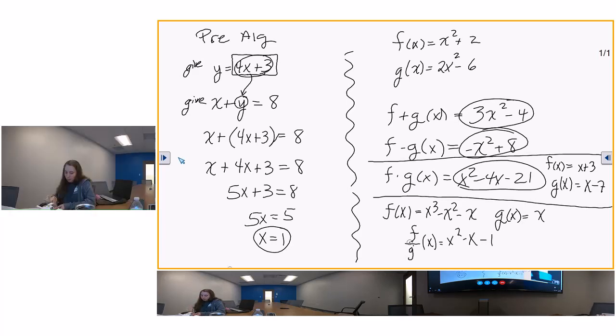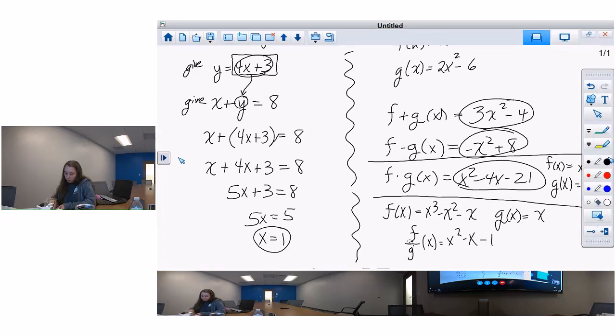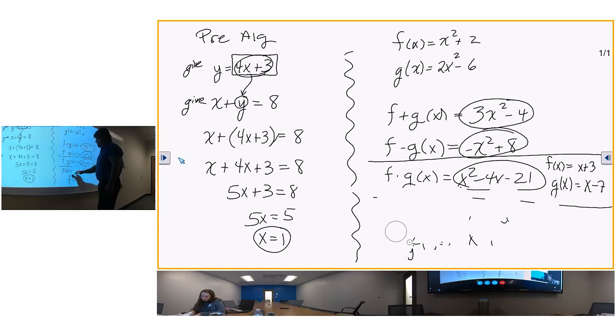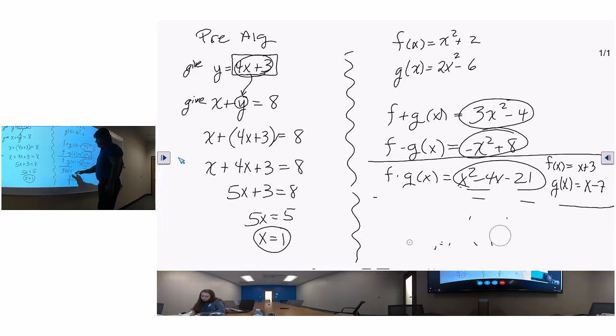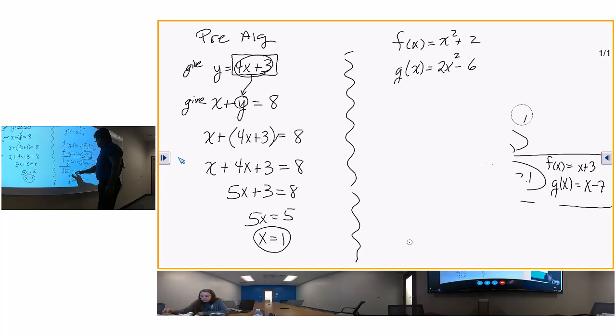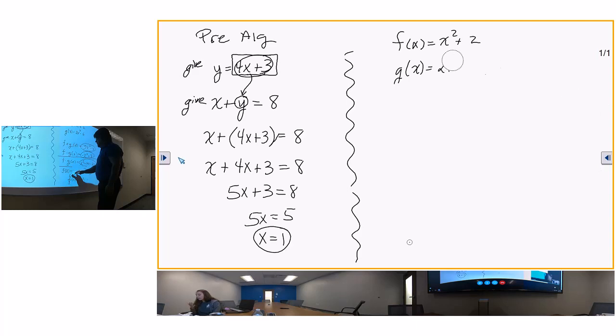Okay? Now, composition. Composition is another word for substitution. Now, it's not exactly the same, but once you get through the actual write-up, it's the same. All right, let me show you what I'm talking about.